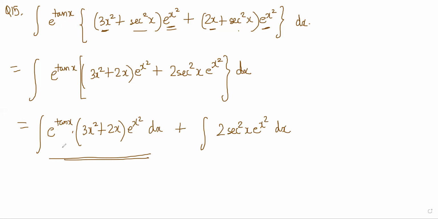We will probably use this as the first function and this as the second function, because this function, we don't know the integral of this. This we possibly can integrate. We have to think about it, but it is possible that we may be able to integrate this.